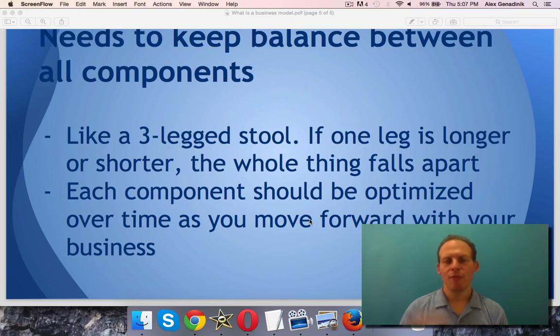If some part doesn't work right with the other parts, the stool falls, if one leg is missing. So for example, you have a product, but the marketing is not working. Well, then something's not quite right with the business model. Same thing if you have a lot of traffic, but nobody's buying, or they're not buying at a good enough price that you can make profits from it. Well, then the business model is not working.